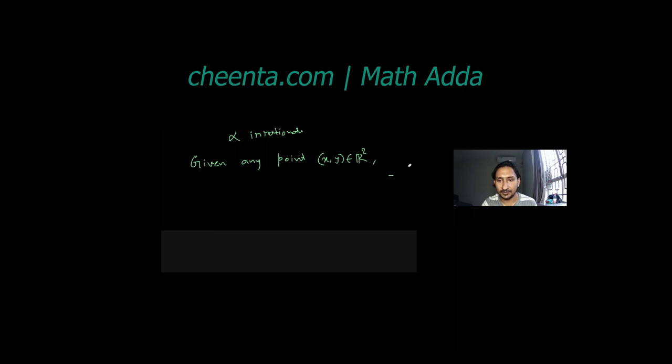Let's write it this way: its representative on the torus is the fractional part of x, comma, the fractional part of y.